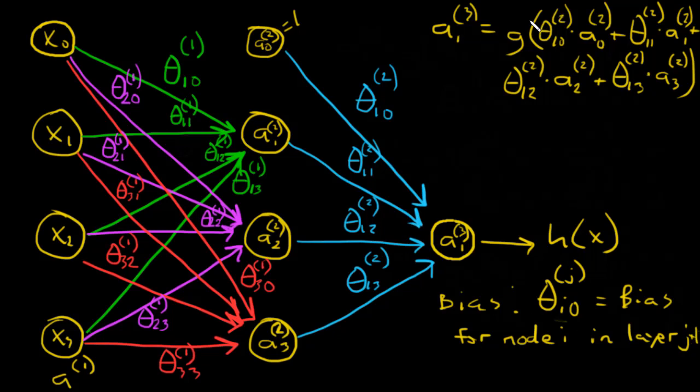When I'm talking about the biases, I'm talking about these values, and then I'll change color to orange.